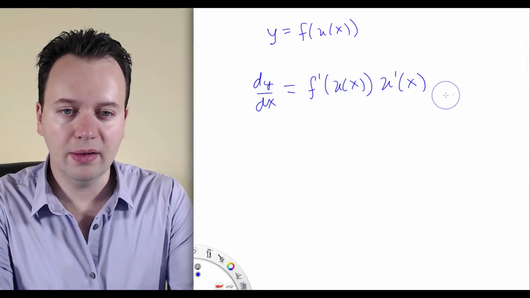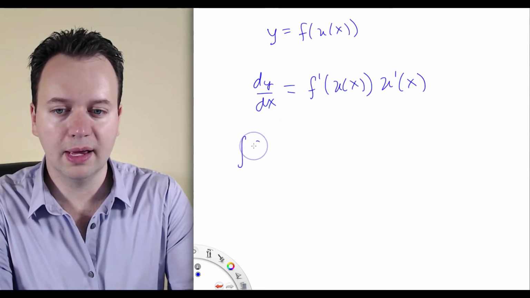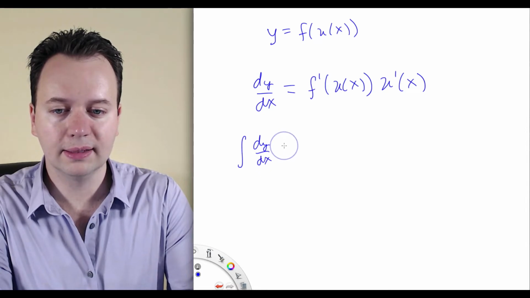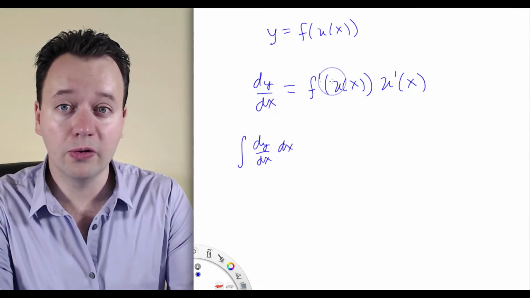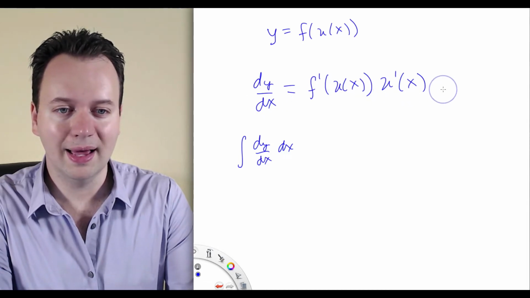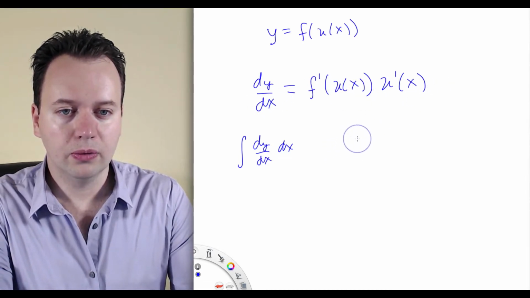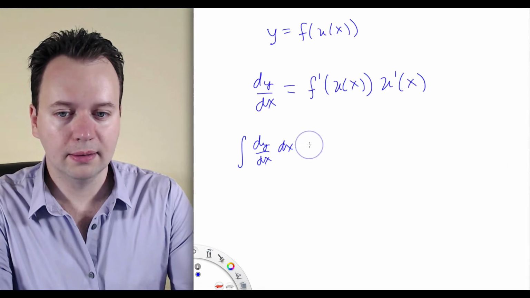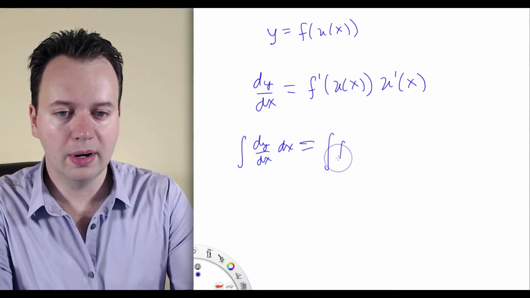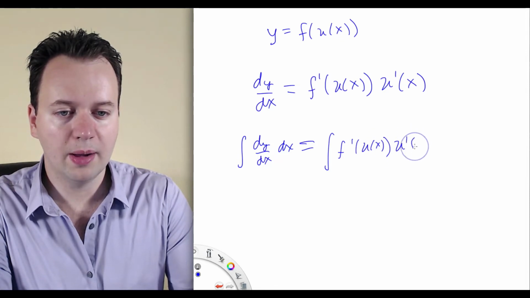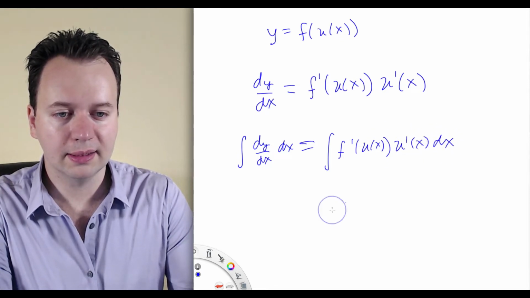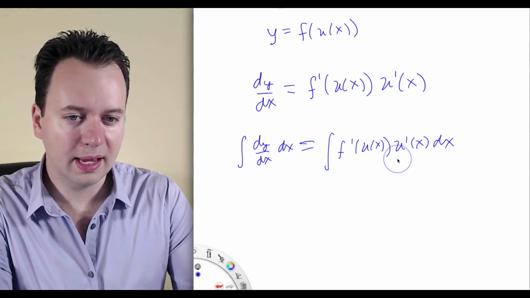When I integrate this, I would integrate something like dy dx with respect to x in order to get to y. So I would end up multiplying both sides of this equation by dx. And so when we do that, we would have f prime of u of x times u prime of x times dx.